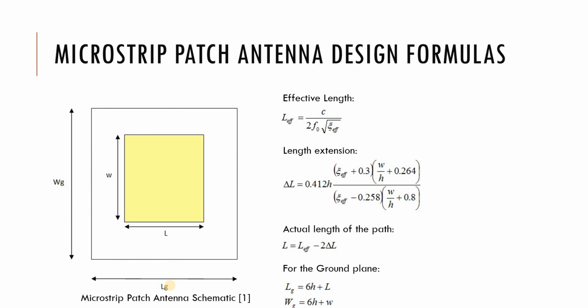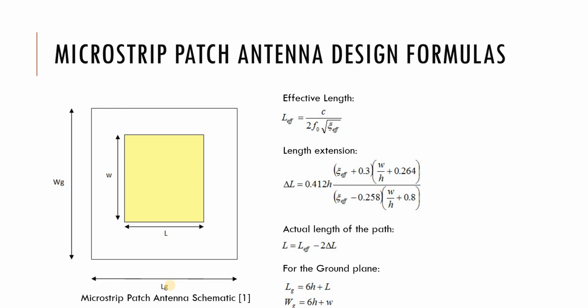As you can see, the patch antenna, you can consider it as a capacitive antenna or as a capacitor which has a fringing effect around this metal. So if you wanted to see the effective length of the antenna, you need to consider this fringing effect outside of this patch antenna.